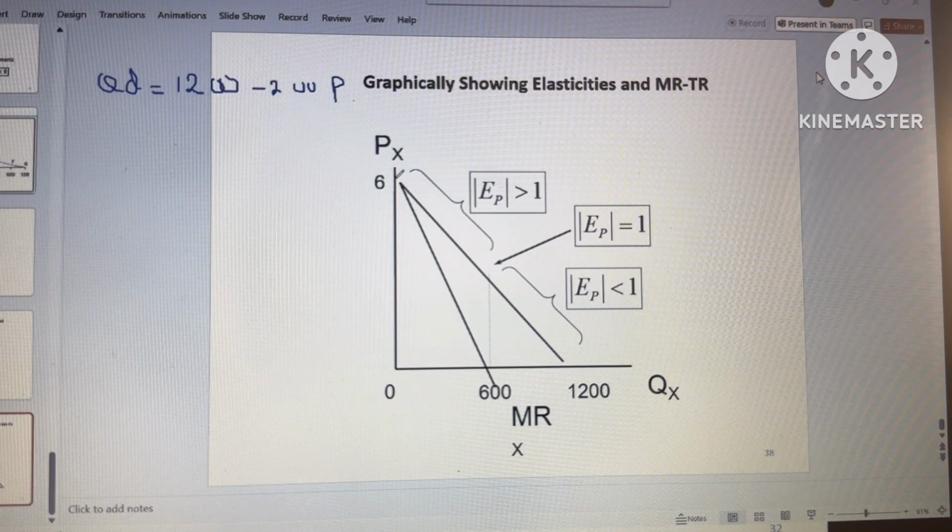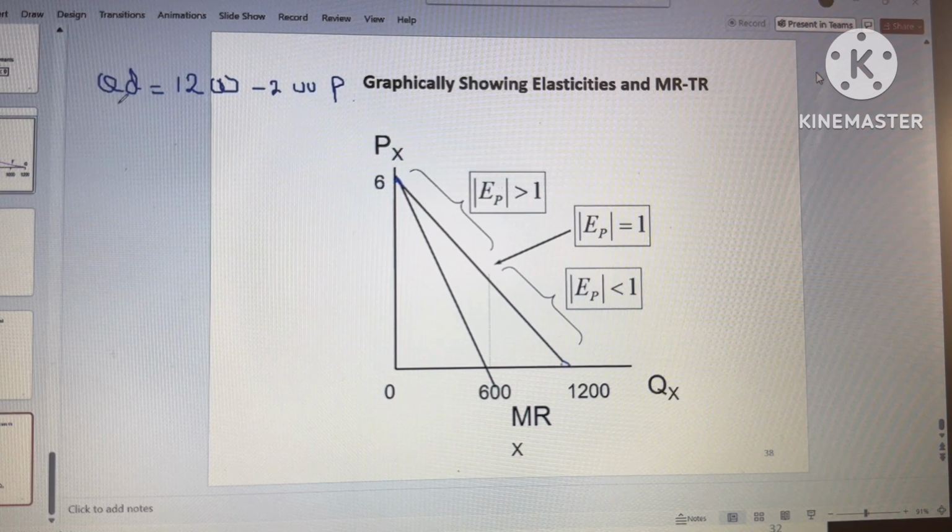According to this graph, this should be the touching point, right? This is the formula for this curve. Okay?